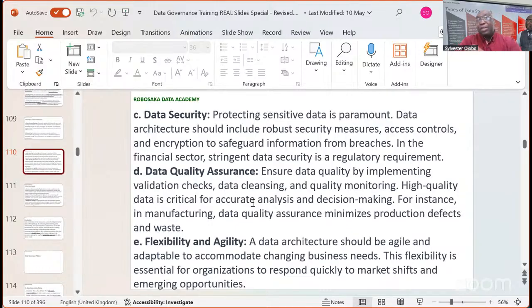It's about having what you put together be valid. Can it stand the test of time? And then you do data cleansing. If there is no assurance in terms of the quality, do data cleansing and data monitoring before you do your evaluation. You need to do data monitoring, and high quality data is critical for accurate analysis and decision making.